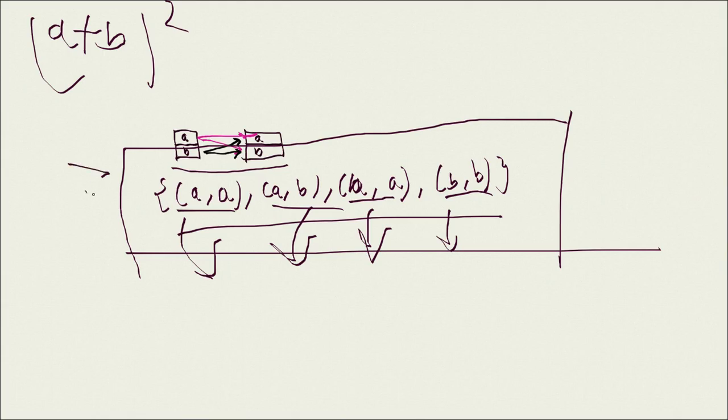Now let's define a set, let's call it set M. Now let's define a set N where everything inside the ordered pairs is multiplied.